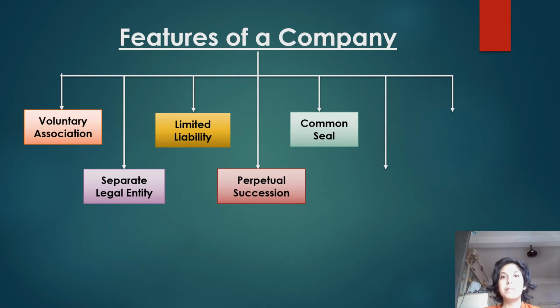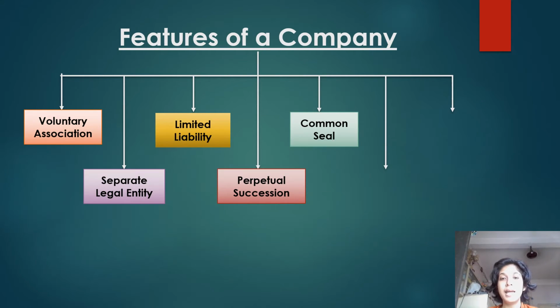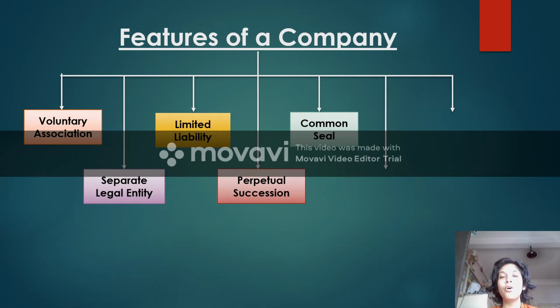Next one is the common seal. Common seal means that the company has got its right to sign and put a stamp on every document that the company creates or any document which is made for a company on the transaction with anyone or for dealing with anyone. Okay, so it is quite related to the separate legal entity.